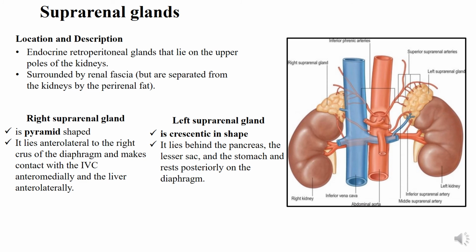It makes contact with the inferior vena cava anteromedially and the liver anterolaterally, while the left suprarenal gland is crescentic in shape, and it lies behind the pancreas and behind the lesser sac, and it rests on the diaphragm posteriorly.